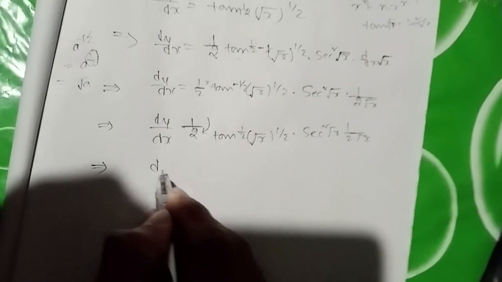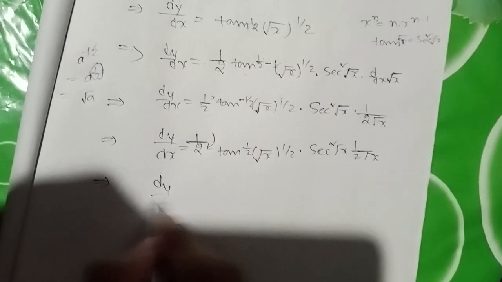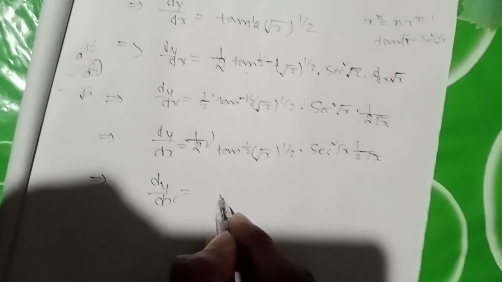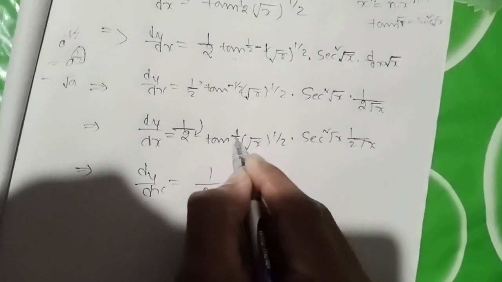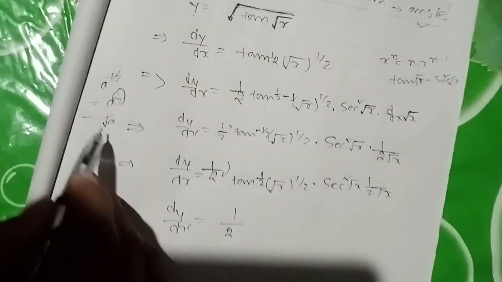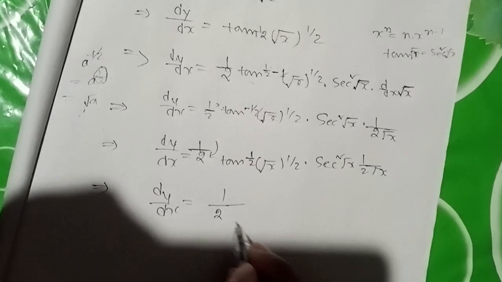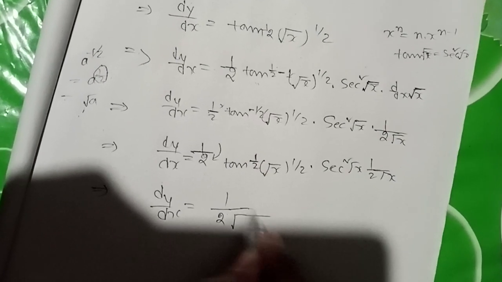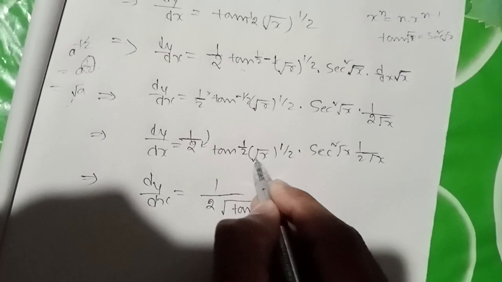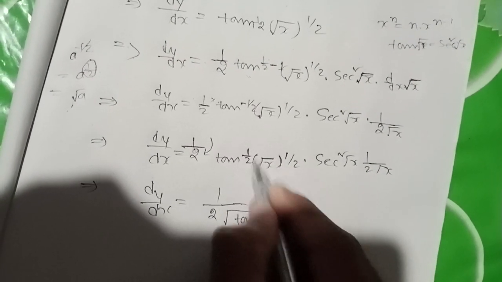So my dear friends, dy by dx equals 1 by 2, half means we can write root over. You can see, so under root over tan, and here you can see under root over x has power 1 by 2.